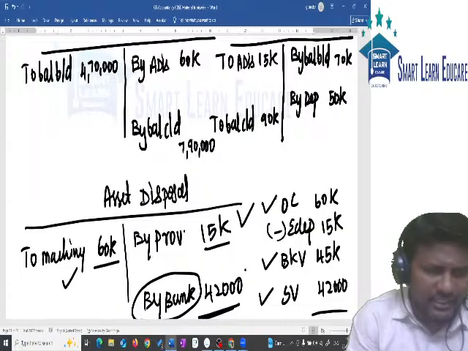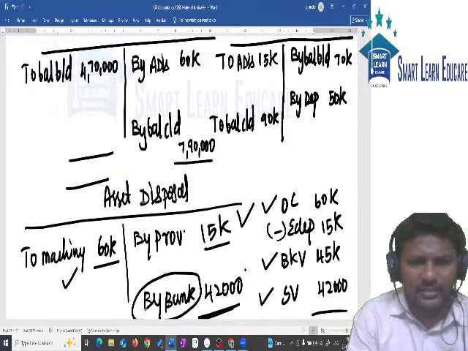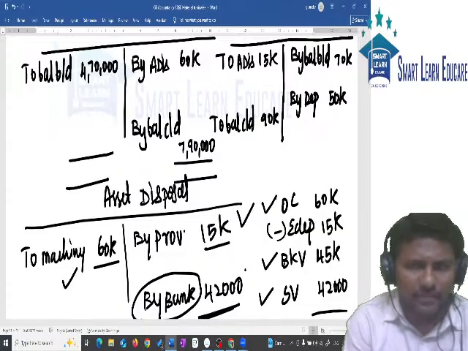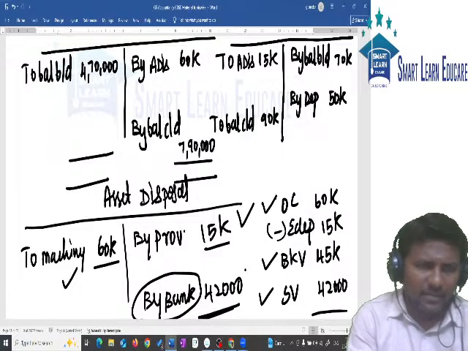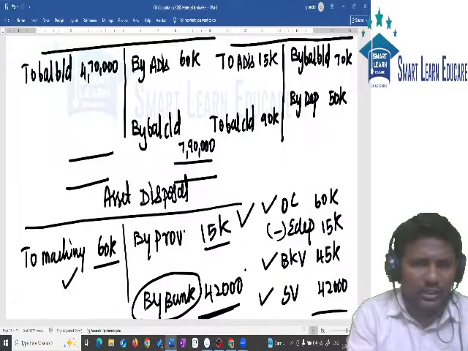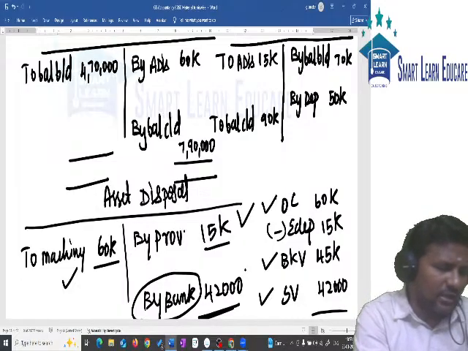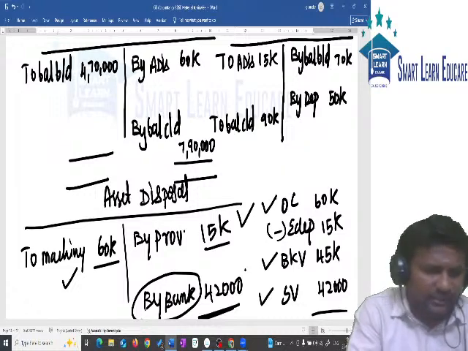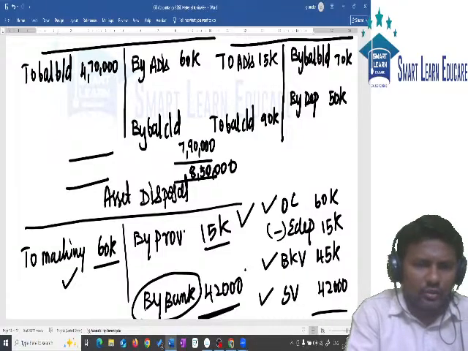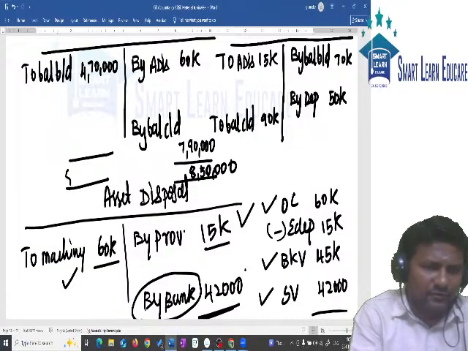If you see the machinery account, opening balance debit side total, how much? 4,70,000. Credit side total is 60,000 and 7,90,000. So 60,000 plus 7,90,000 will give you 8,50,000.